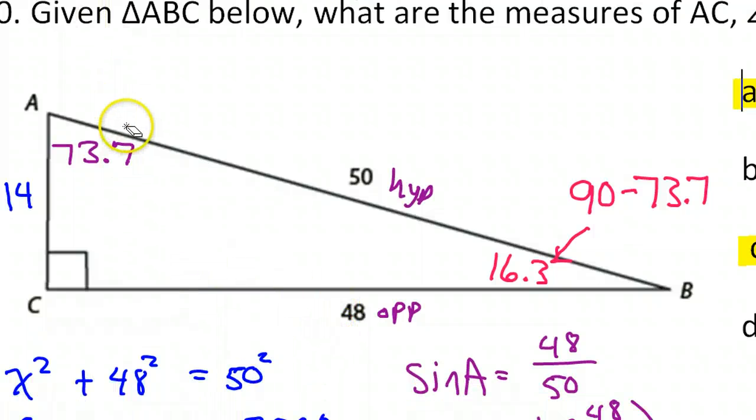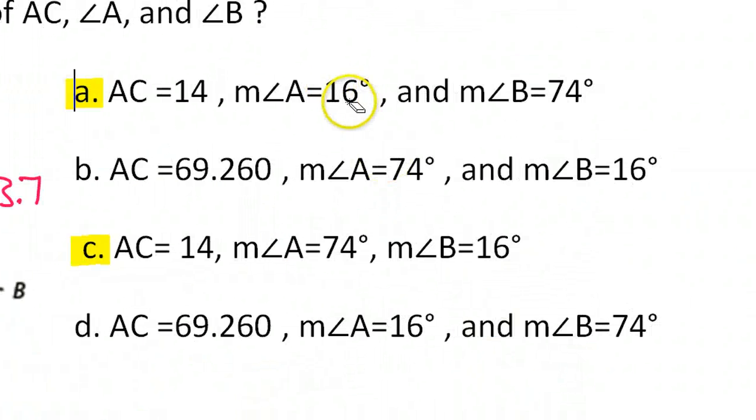So rounding to whole numbers, this would round to 74 and this would round down to 16. 74 and 16. So this is angle A is 16 and angle B is 74, when in reality, it's the other way around. Angle A is 74 and angle B is 16. So that means that C is the correct answer.